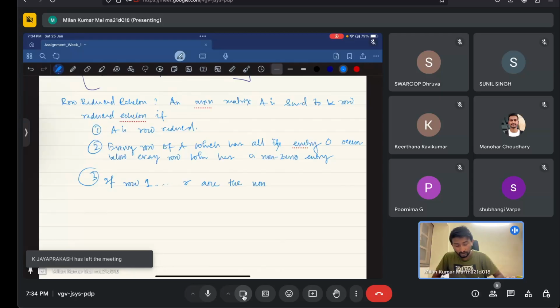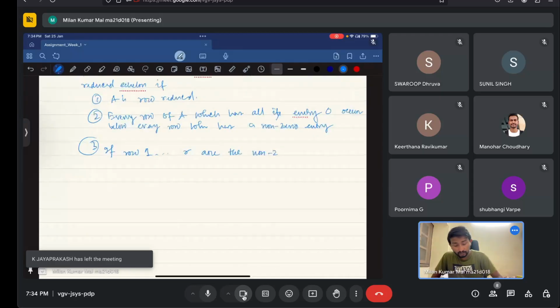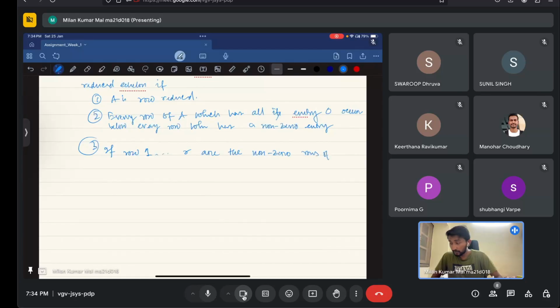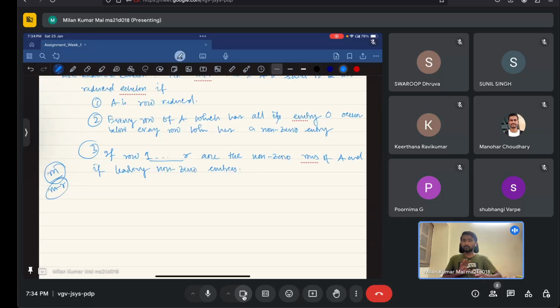Okay, so rows 1, 2, up to r are the non-zero rows of A. Obviously, we have r non-zero rows and the total number of rows is m, so m minus r rows are zero.